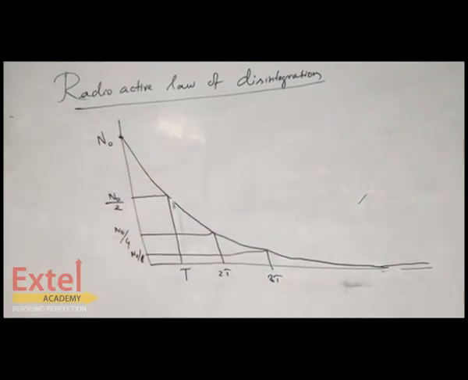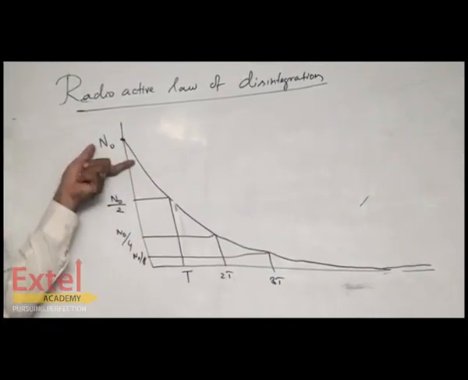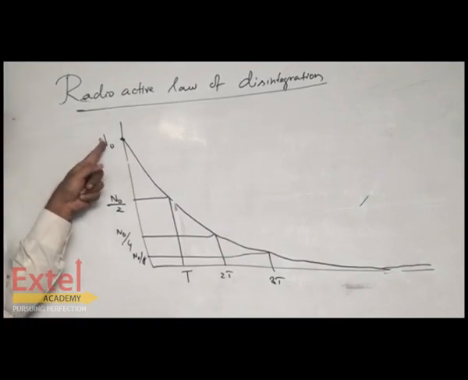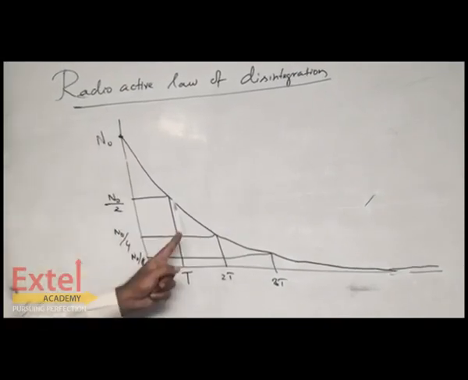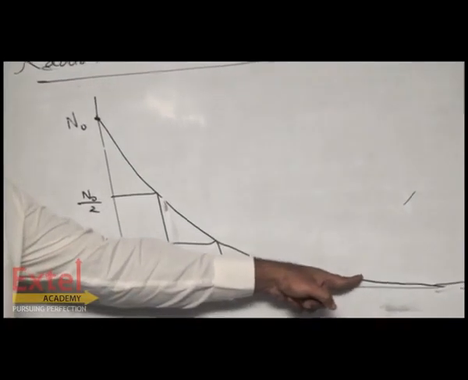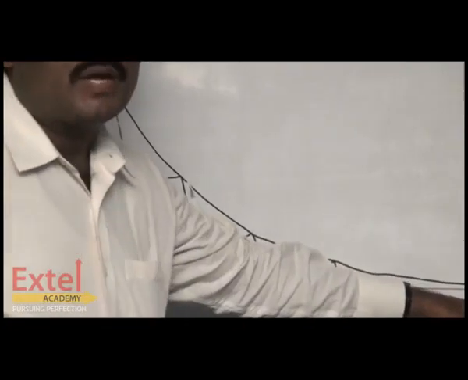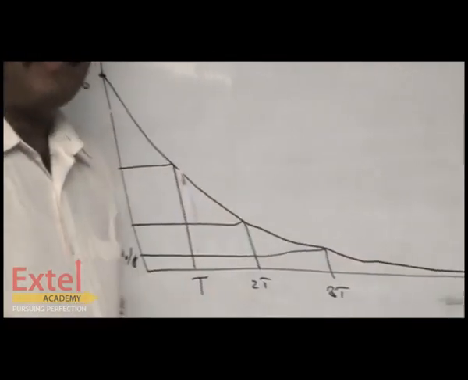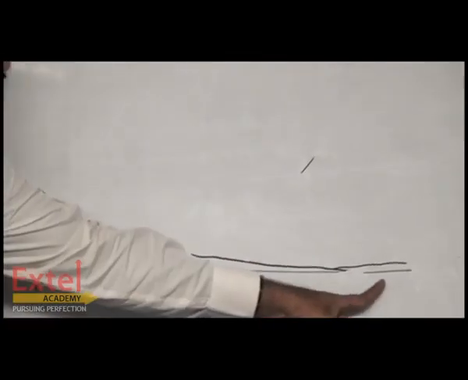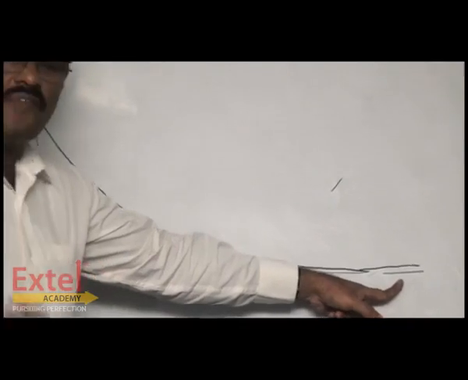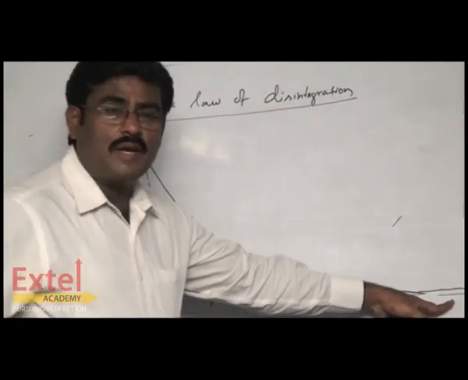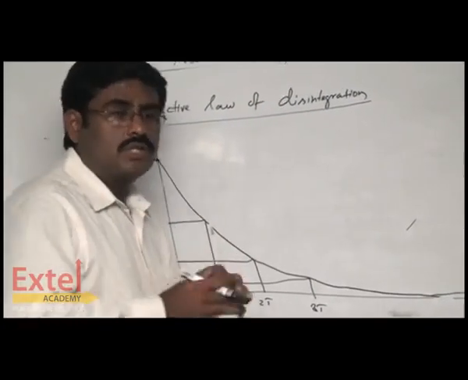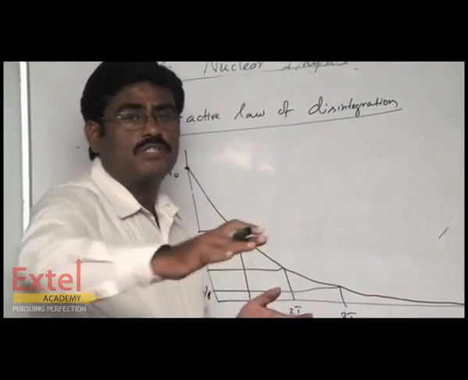From this you can understand that the number of atoms is decreasing in an exponential manner. And also from the graph you can understand that any number of atoms takes an infinite amount of time to decrease to become 0.